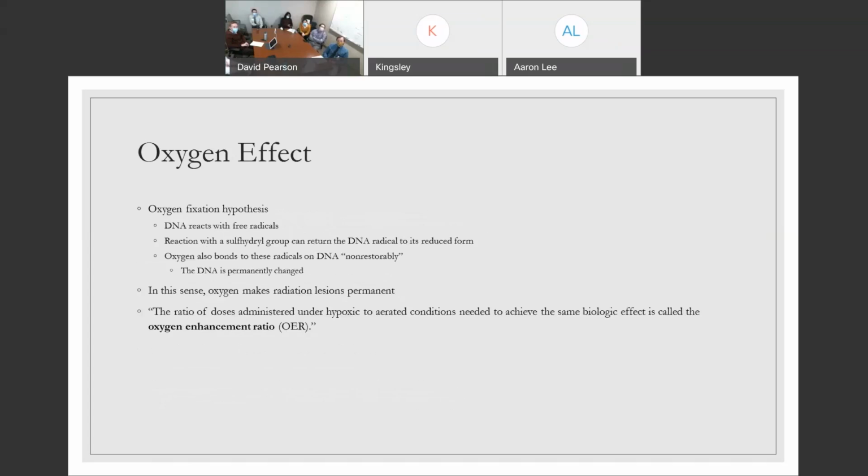There's also the oxygen fixation hypothesis, which states that DNA will react with free radicals, and what normally would happen is a sulfhydryl group could float on by and notice this DNA radical structure and reduce it back to the way it was previously.